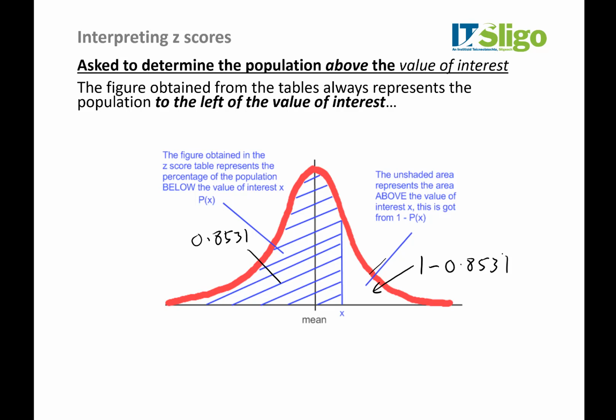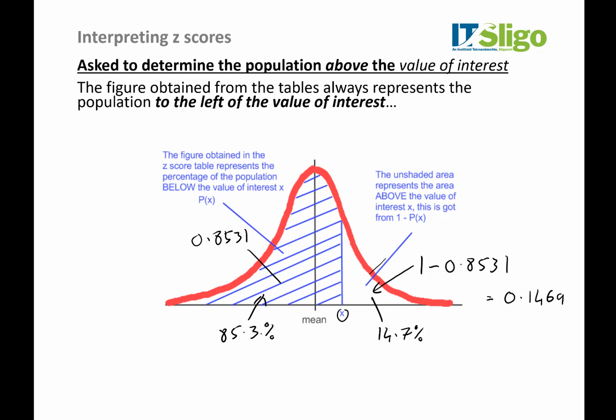That gives us 0.1469. So essentially 14.7% of the population lie above X, and the tables would have read us the value of 85.3%.